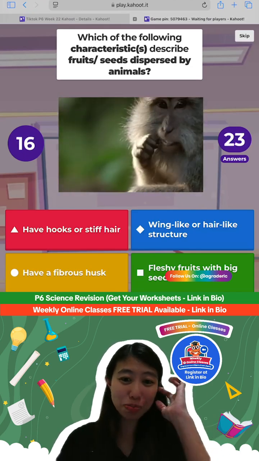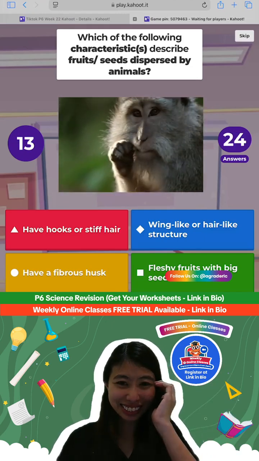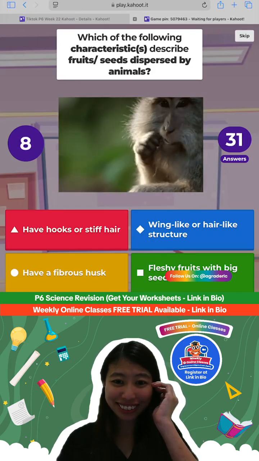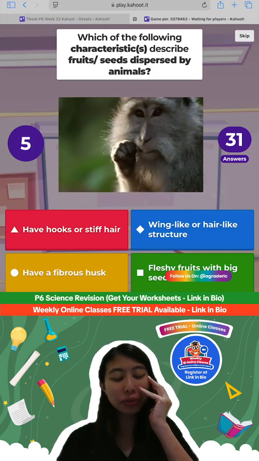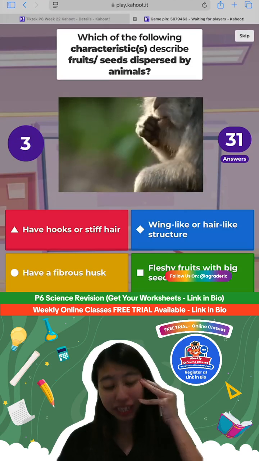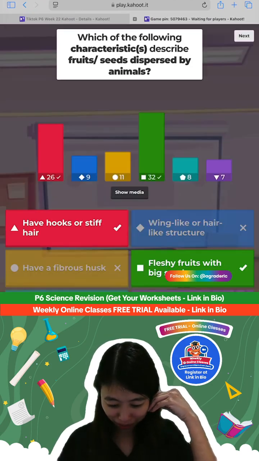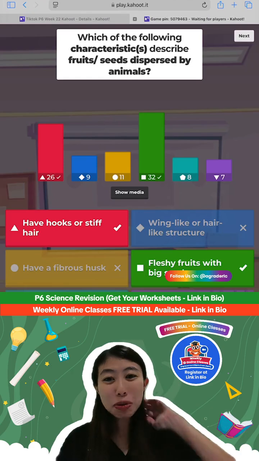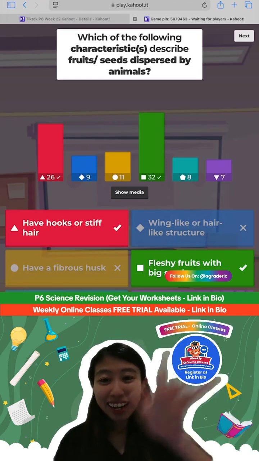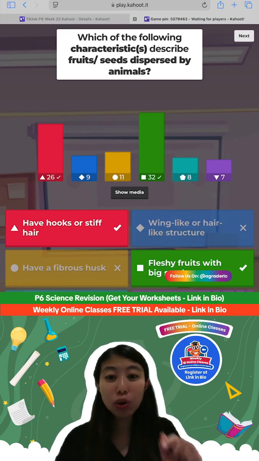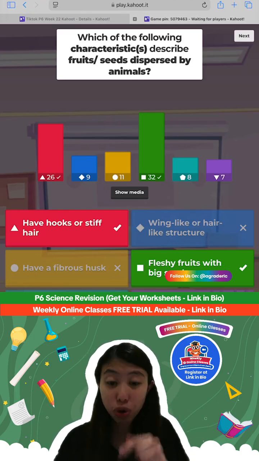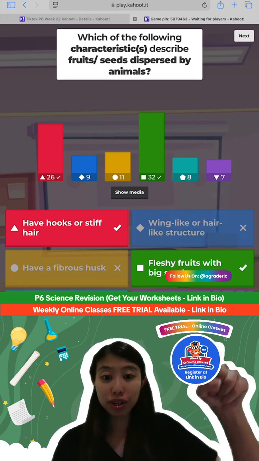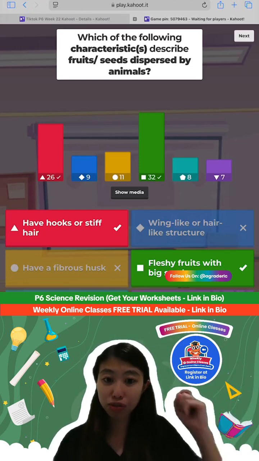Dispersal, okay? Dispersed by animals. Remember, those fruits or seeds that have hooks or stiff hair, the hooks will hook onto the animal fur, and then when the animal moves, it will drop off and it gets dispersed further away.